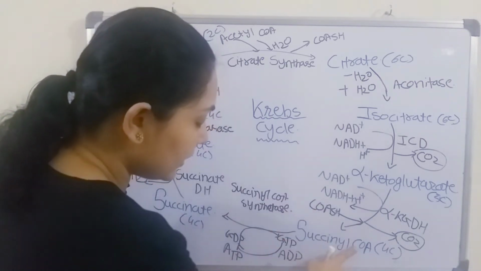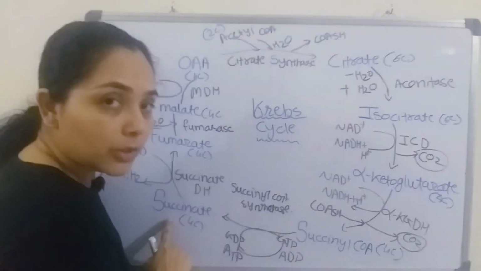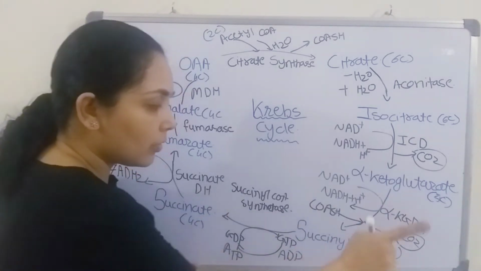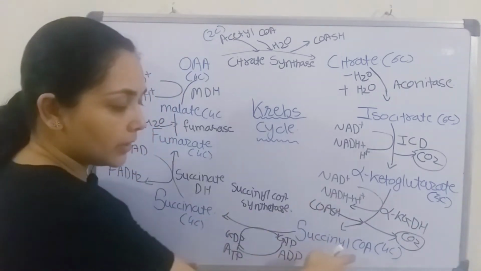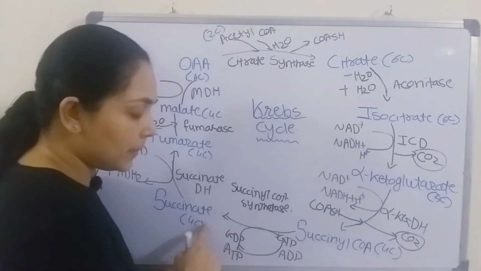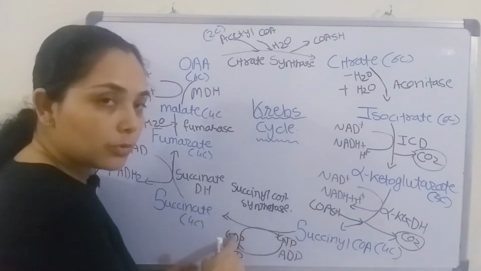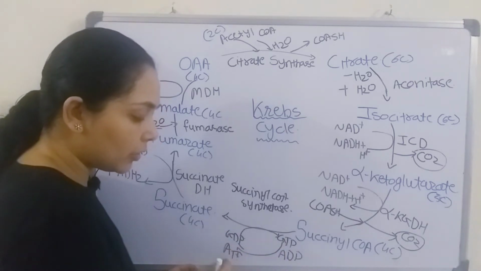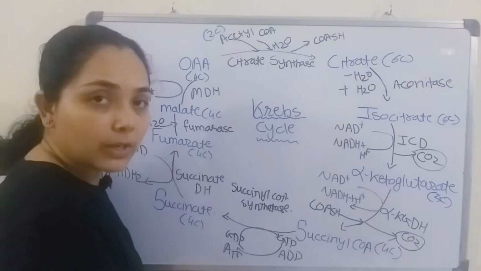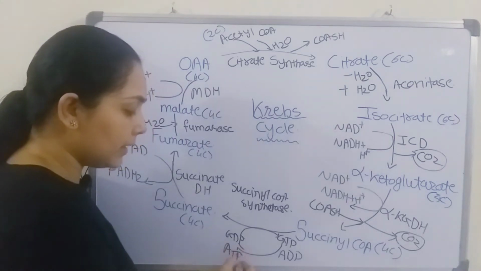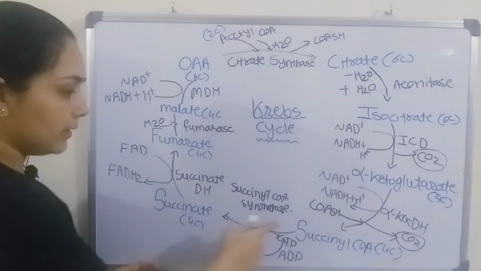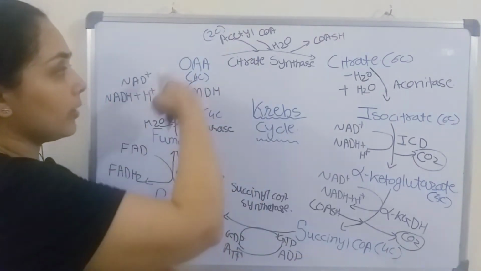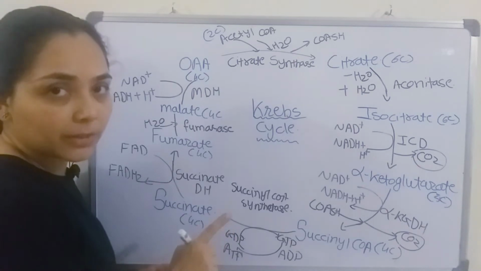There is a removal of the coenzyme A, and during this step GDP will convert to GTP and we get direct ATP, meaning ADP will convert to ATP, direct substrate level phosphorylation. So we will get ATP here. After that, once we get this 4-carbon compound, all the products up to oxaloacetate will be 4-carbon compounds.